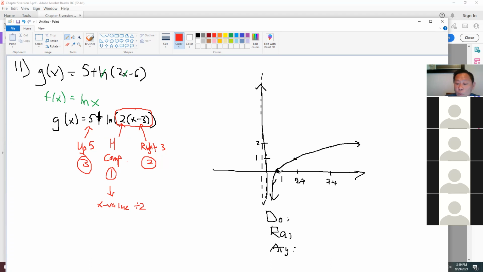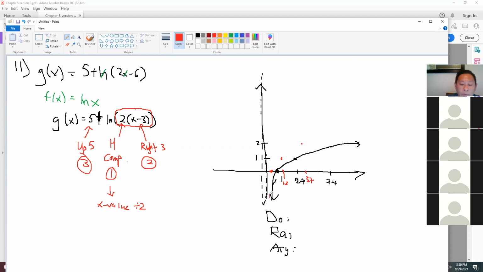So this used to be at 1, now it will be at half. 2.7, if you divide by 2, is 1.35, so it's going to be close to here. You have to cut all these numbers by half. So 7.4 divided by 2 is around 3.7, so it's around here.